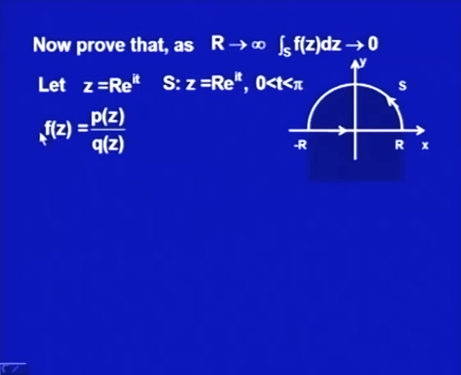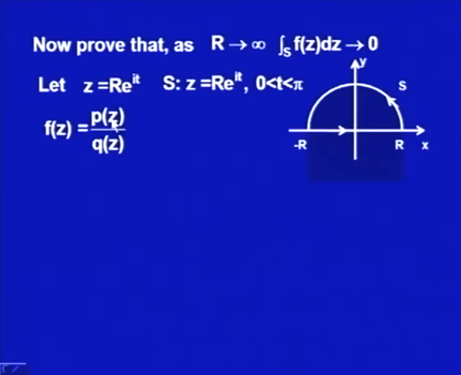Here again, first we will find the bound for this f(z). We do not have to find that bound everywhere, because we assume that R is approaching infinity. So when R is large, that is, for all z for which the absolute value of z is greater than some fixed value R, we have to find its bound.